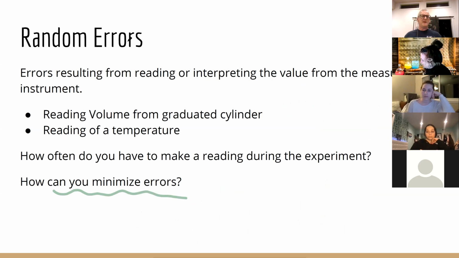How would you minimize that error of reading the meniscus? So here's our graduated cylinder. There's the meniscus. How do we minimize the error of reading that? Anyone have any ideas? You could find the median. No, like average them.